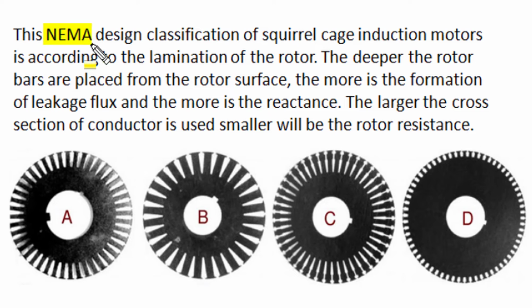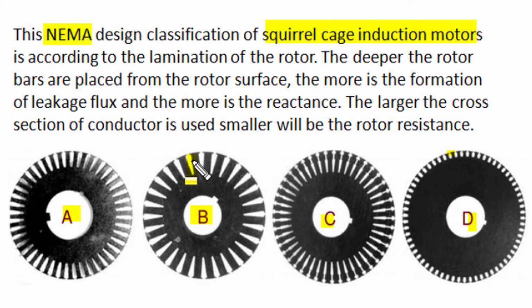National Electric Manufacturing Association, NEMA, of the United States of America has classified squirrel cage induction motors in 4 classes as class A, class B, class C and class D, and this classification is based on the design of laminations used for the rotor core. Now these laminations may have shallow depth near the periphery or a deep depth well inside the rotor core, and this depth of rotor conductor in the core decides the amount of flux linkages.